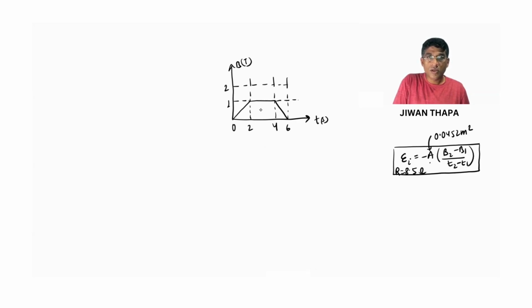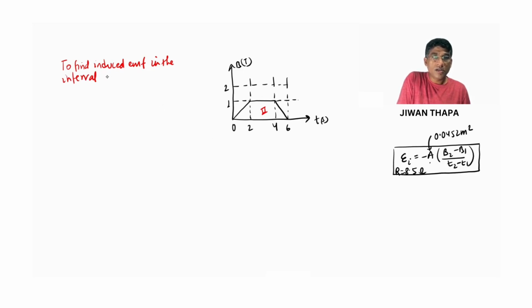So now we go for region 2. To find the induced EMF in the interval 2 seconds < t < 4 seconds, so we are going to find it for this interval.